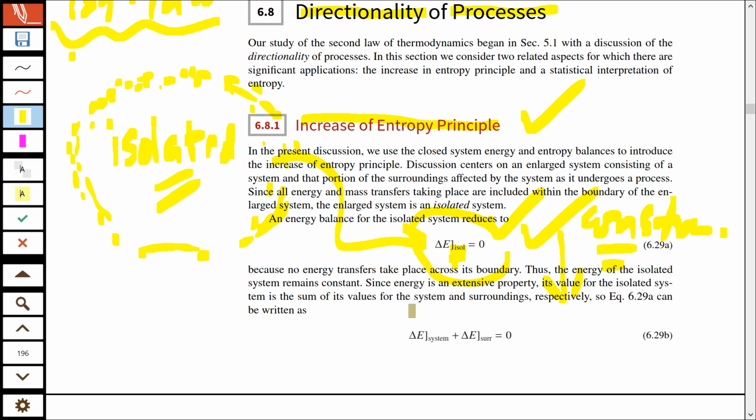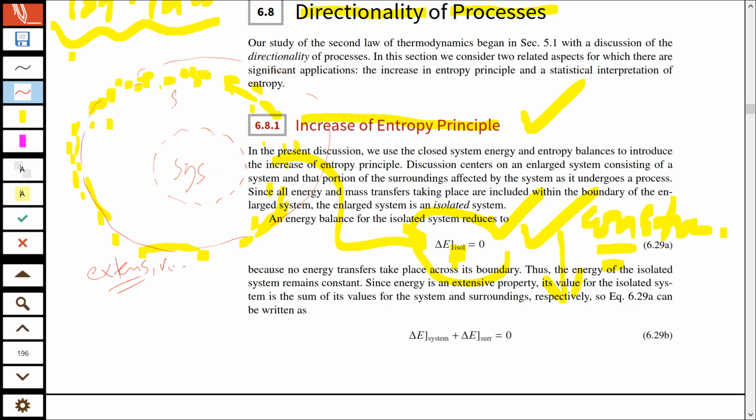What this constraint means is this. Remember, energy is also an extensive property, which means that if you have enlarged the system so that you include the whole universe, then the actual system with which you started, let's call this the system, and this is now the surrounding, and this complete system, which is the isolated system, you can think of as either the whole universe or a large enough system which can be considered as isolated.